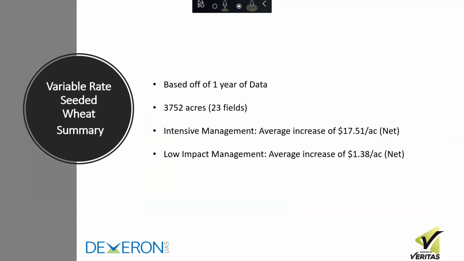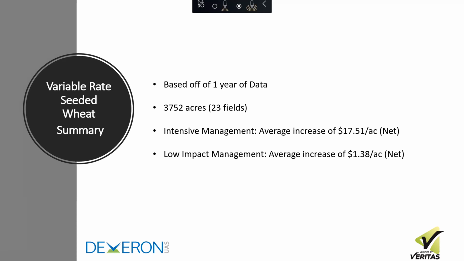2019, planted in 2019, seeded in 2019 if you're from Western Canada. Harvested in the summer of 2020. We did this on 23 different fields, so for about 3,700 acres, or well, you guys can read it, 3,752 acres. I split it out about 50-50, what I would describe as my high management fields and my low management fields.